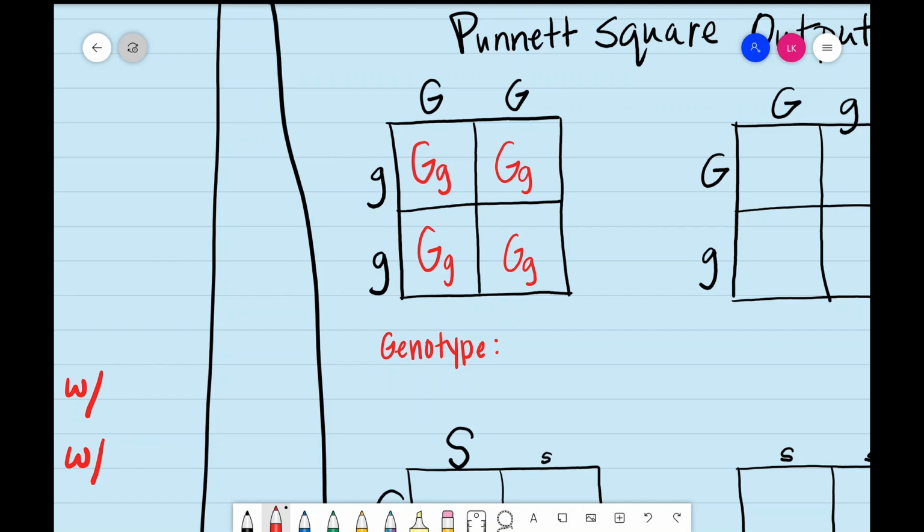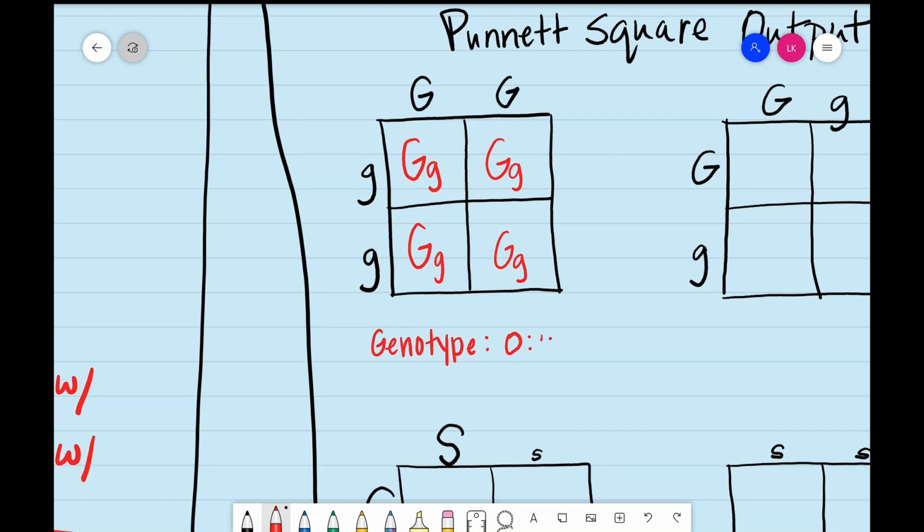So there are 0 homozygous dominant. We don't see any capital G's. Then heterozygous, there are actually 4 heterozygous, and there are 0 homozygous recessives. Then phenotypes is the physical representation. So physically, all 4 of these are going to appear green. So it is actually a 4:0 ratio, dominant to recessive.